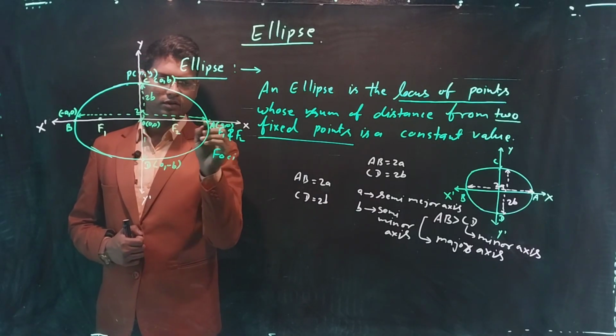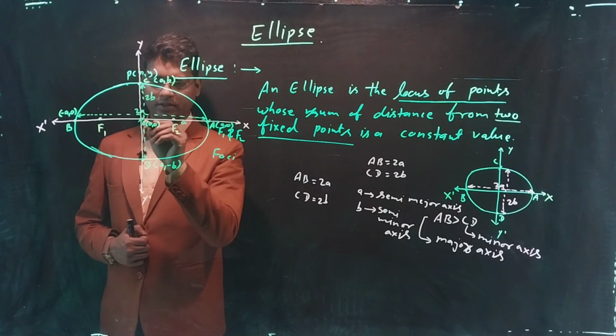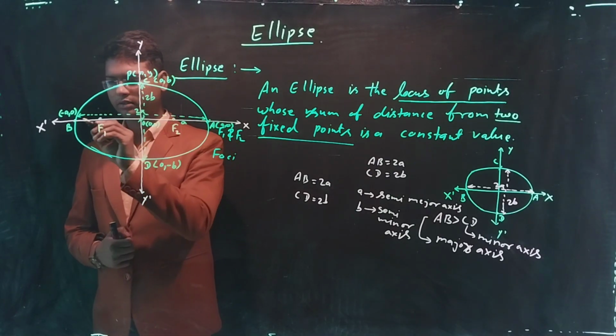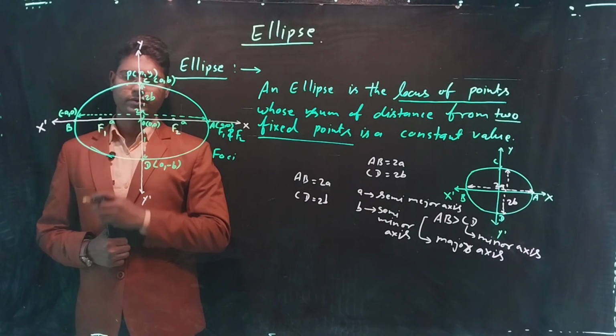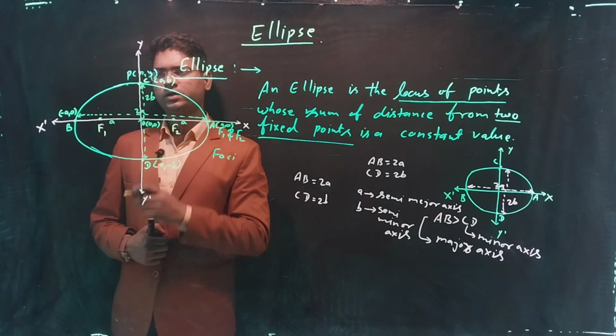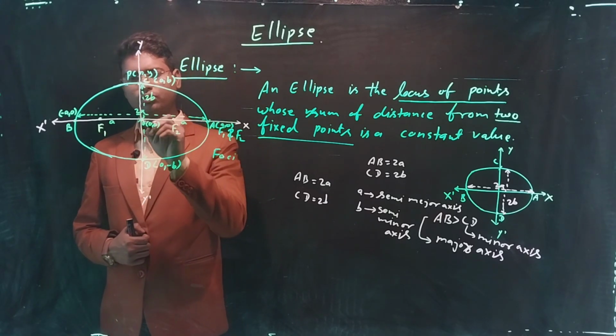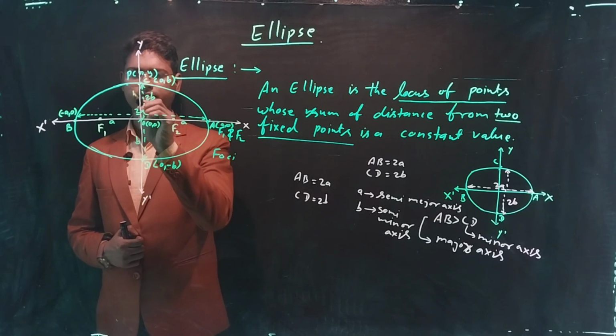Then the length of OA will be a, and the length of OB will also be a, because the length of AB is 2a. Similarly, OC is b and OD will be b.